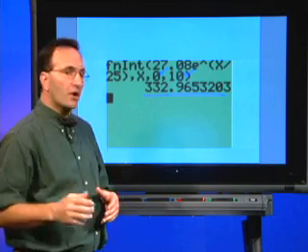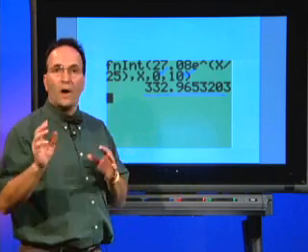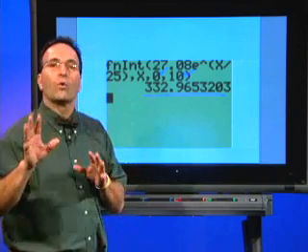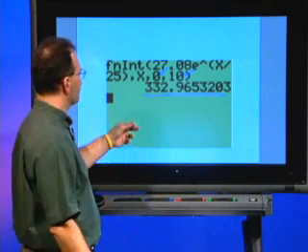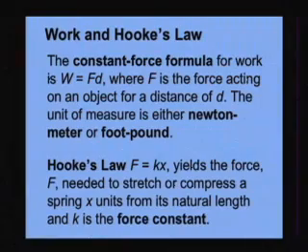Okay, let's take a look at another way we can use this, which is to look at work and force. We're going to look at what's called the constant force formula for work: W equals Fd, where F is the force acting on the object for a distance of d. The unit of measure is either newton-meter or foot-pound.